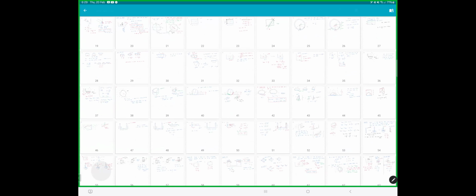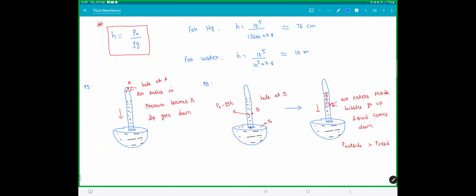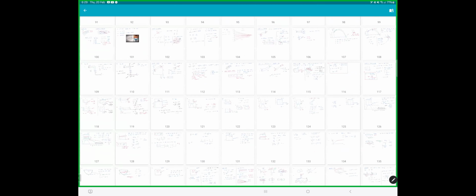Do you guys remember this result? If you create vacuum on the top, the height of the water level will be 10 meters. Meaning, even if you create perfect vacuum, you can't pull the water more than 10 meters.